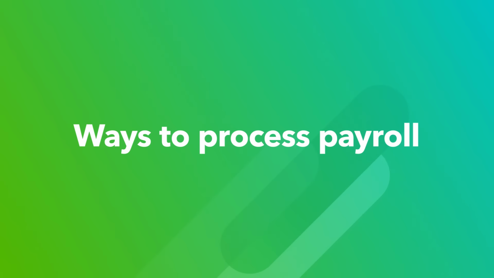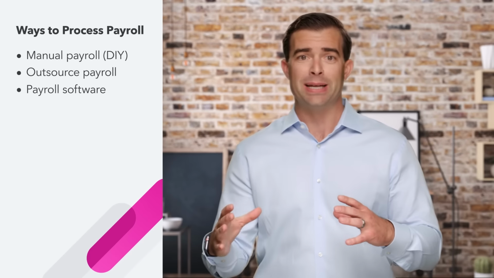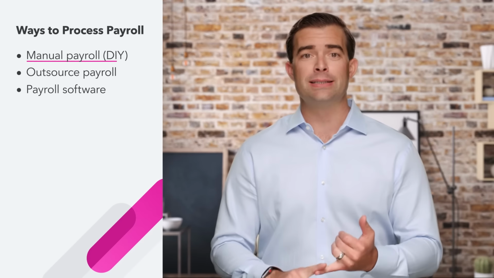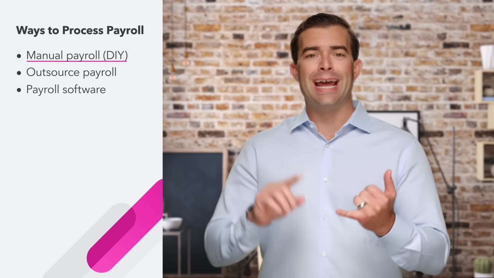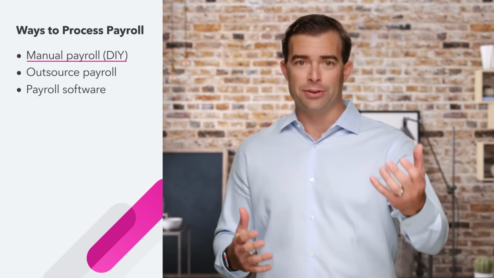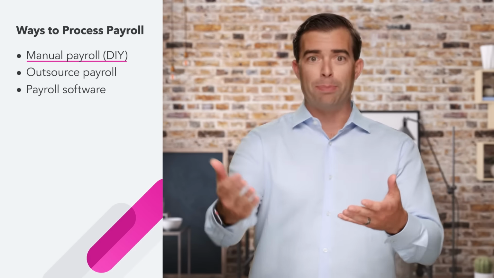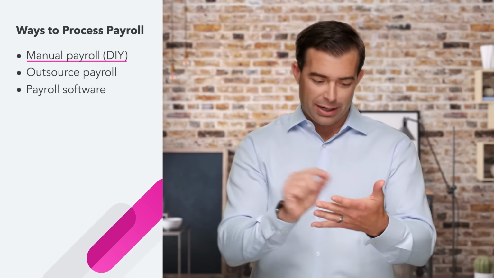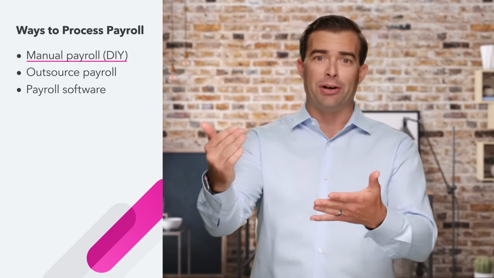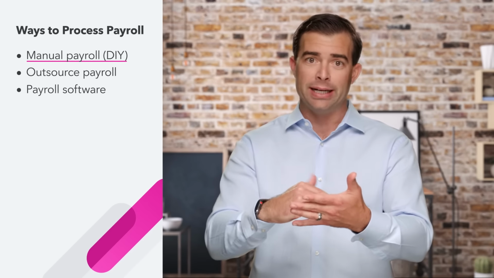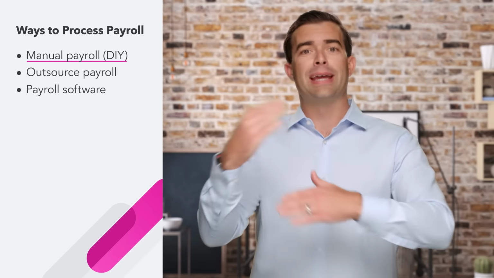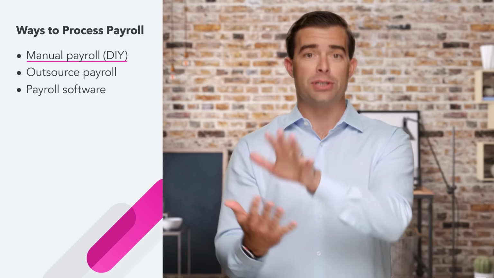Now there are a few different ways to process payroll, and the method that is best for you is going to depend on the size and stage of your business. The first method is do it yourself. Essentially, we get out the chicken scratch and the calculator, we pull up the payroll tax form, we calculate the numbers, and then figure out what we think the net check should be based on the calculations that we come up with ourselves.